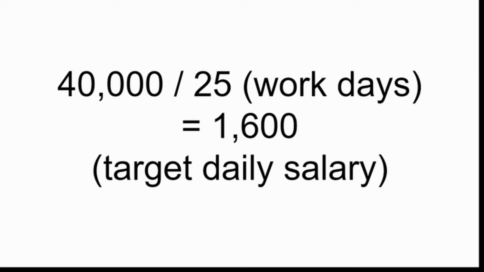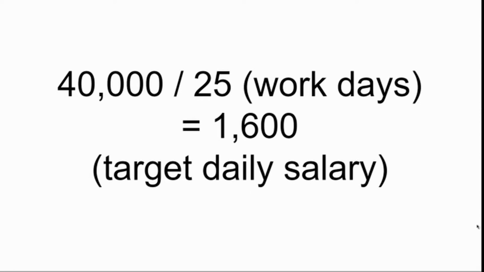For example, if you don't want to work weekends, that's 20 working days in a month. But since this is our sample, 25 work days, so I'll include the weekends just in case. Because remember, we'll just be doing part-time muna. So, in a day, the target salary is 1,600 pesos.